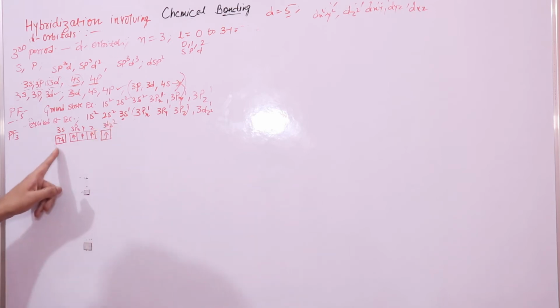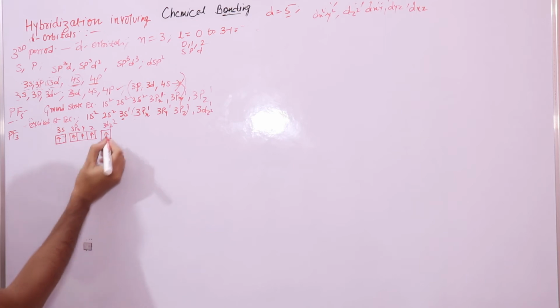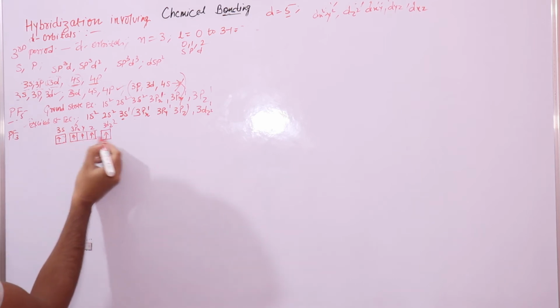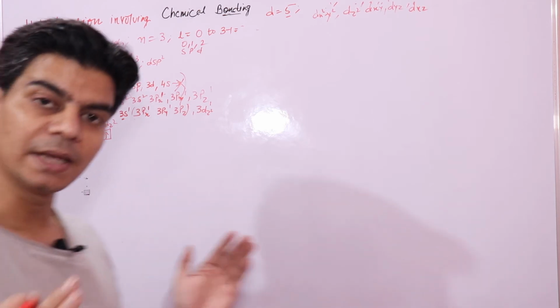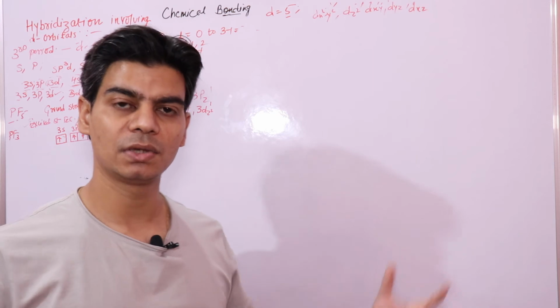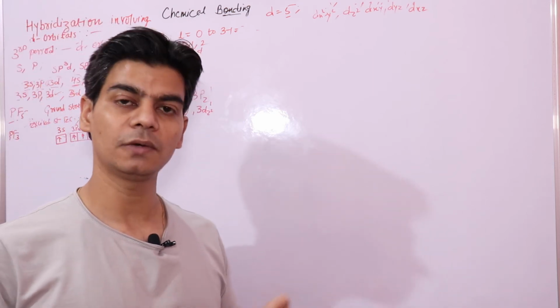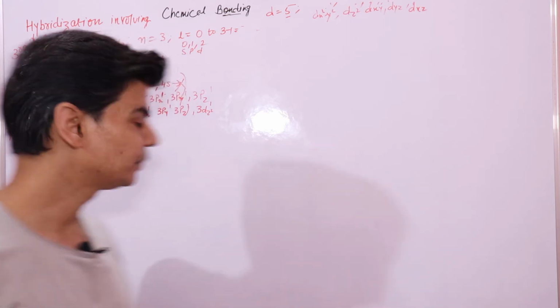Now all these 5, you have only one 3s here, because one electron is promoted to the 3dz square orbital. So all these 5 orbitals will undergo hybridization, that is, all these 5 orbitals will mix and merge and redistribute their energy. Why will they redistribute their energy? So that all 5 orbitals that will form will have the same energy, right?